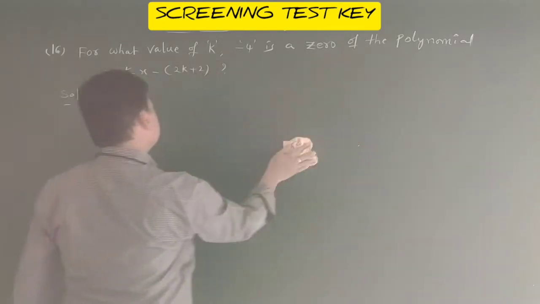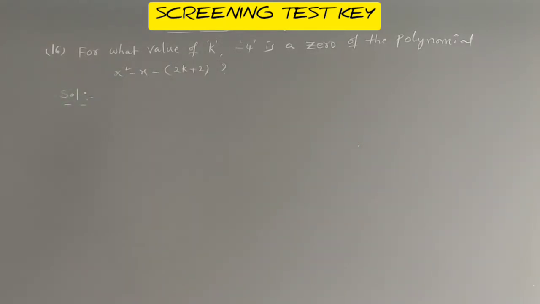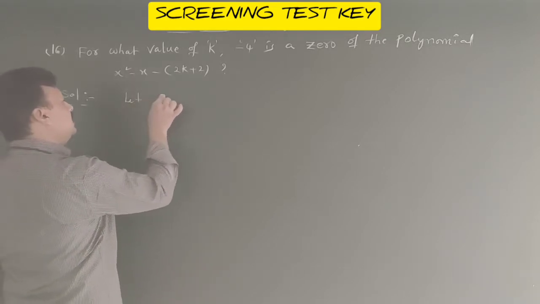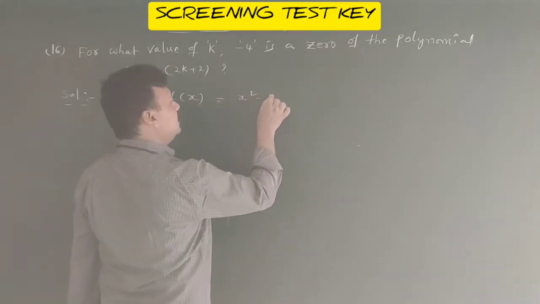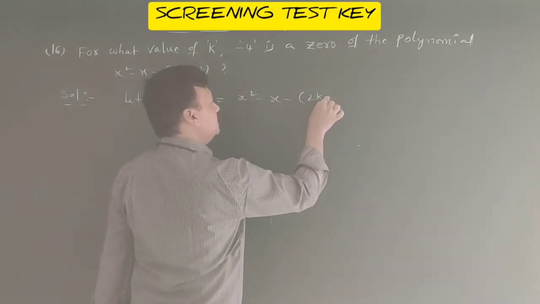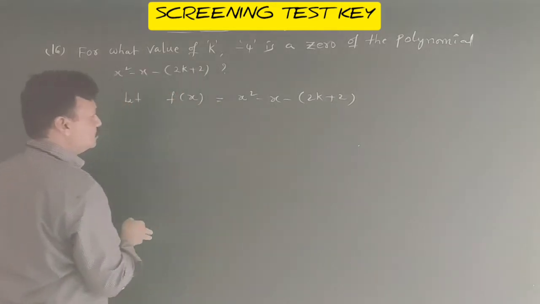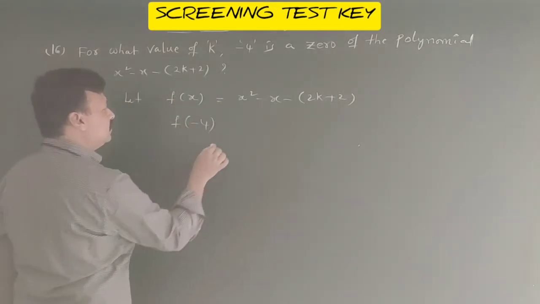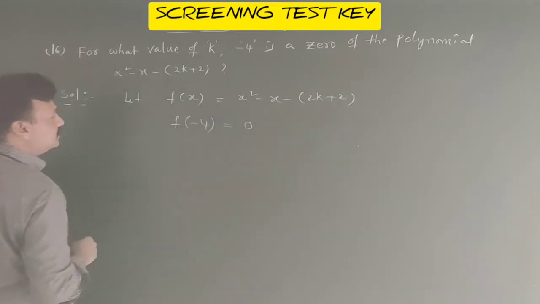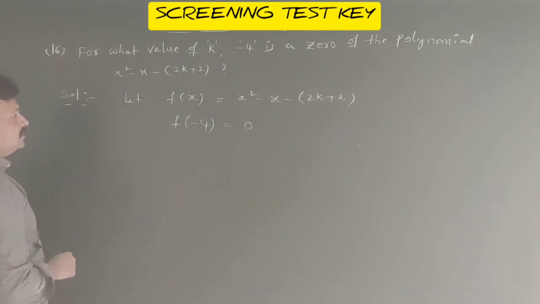Here, minus 4 is a zero of the polynomial they give. First of all, let f of x equal to x square minus x minus of 2k plus 2. Here minus 4 is a zero. So f of minus 4 equal to 0.